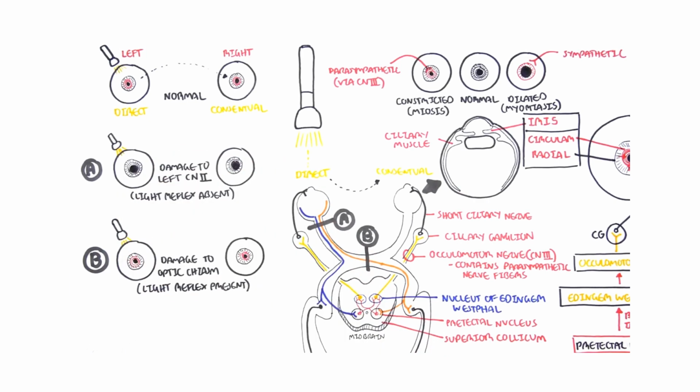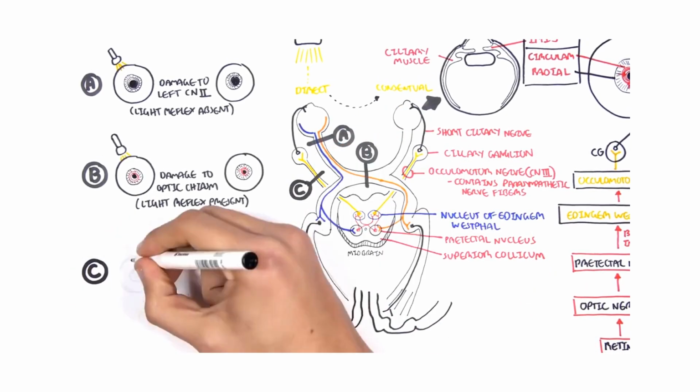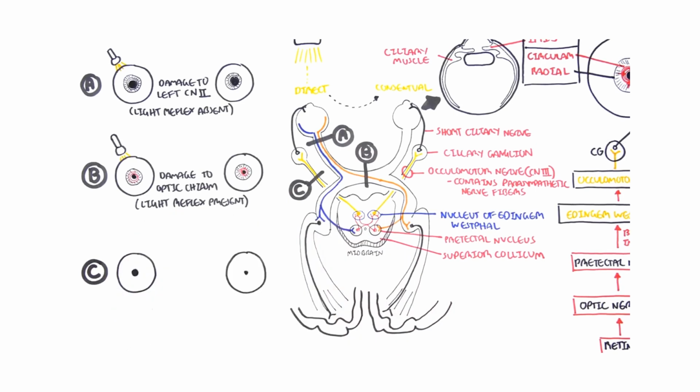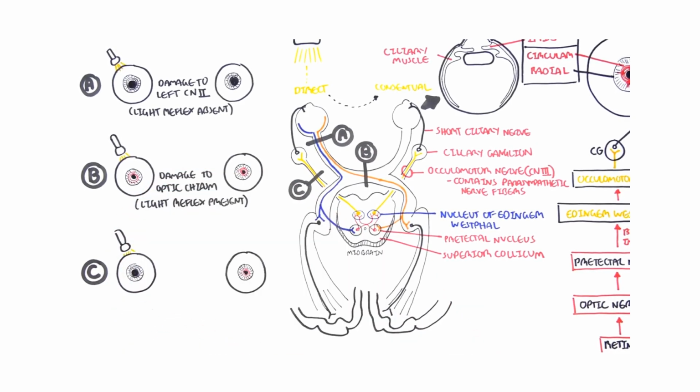Now what happens if you have a lesion on the left oculomotor nerve? Well, when you shine light on the left eye, what happens is that the information is still being received by the midbrain, by the nucleus of Edinger-Westphal, but the output, the oculomotor nerve on the left side, is not working, so therefore you won't see any constriction on the left side.